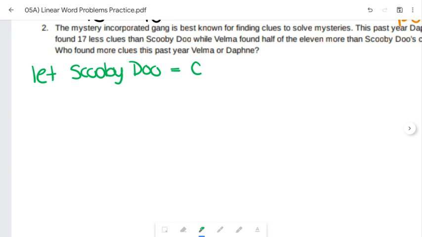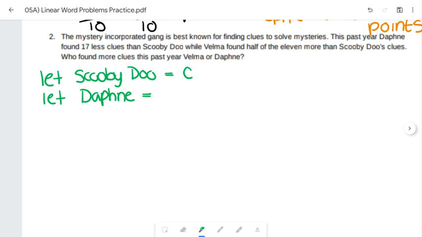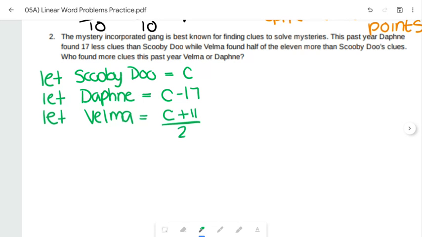Because we're comparing all of our clues to Scooby-Doo, we'll let Daphne equal 17 less clues than Scooby, so C minus 17. And we'll let Velma equal half of the 11 more than Scooby-Doo. So she has C plus 11 divided by 2. Or if you wrote 1/2 parentheses C plus 11, that's fine too.